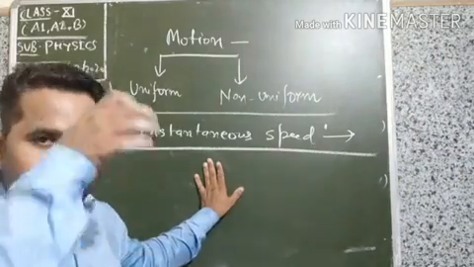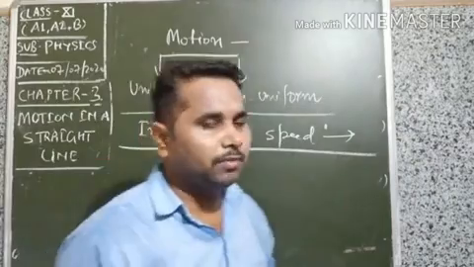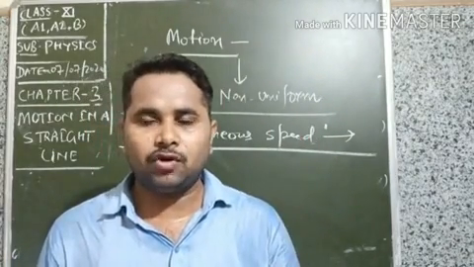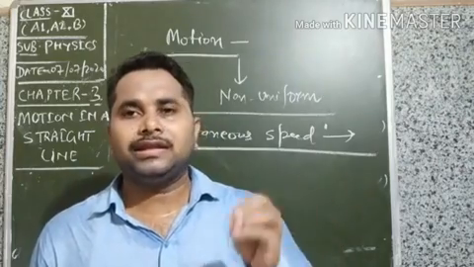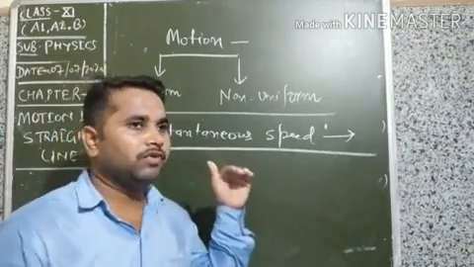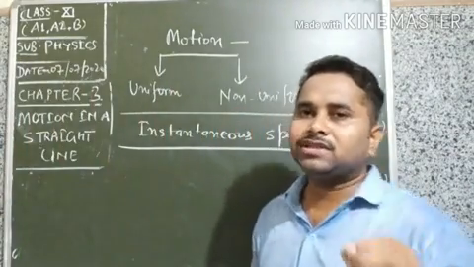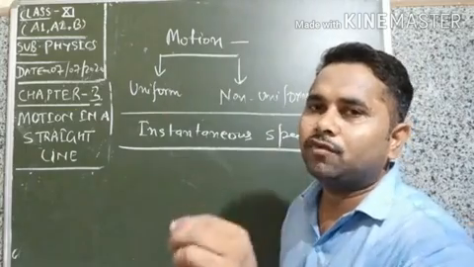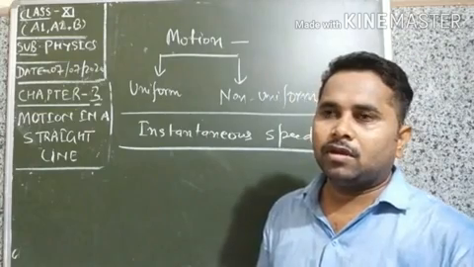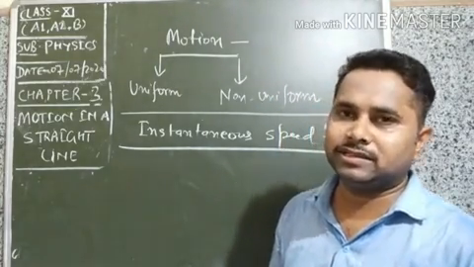The instantaneous speed of a moving body is the speed of the body at an instant of time or at an instant of position. That means if a body is moving on its path, what is its speed at a particular time, or at a particular position? That is the instantaneous speed.